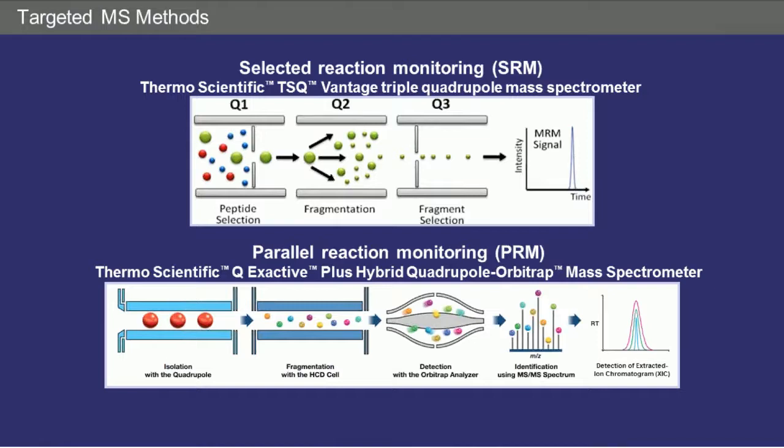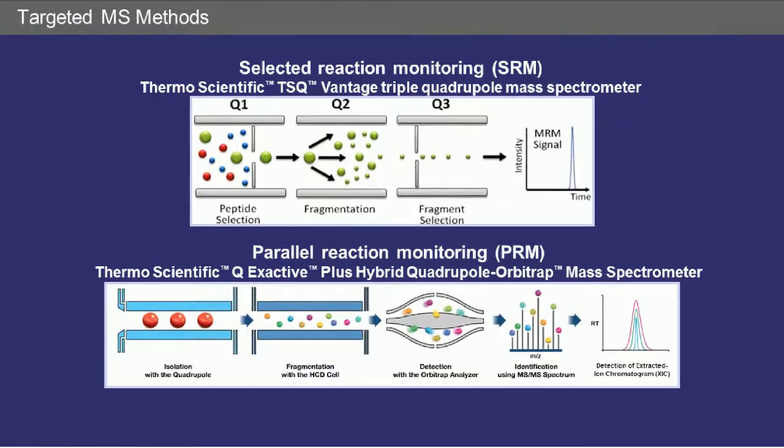We also have a second choice of mass spectrometry analyzer that is very suitable for very complex samples and actually adds more specificity to the analysis. Similar to the triple quadrupole mass spectrometer on the top, the Orbitrap mass spectrometer on the bottom is using a separation step, peptide selection step in the first stage, a second stage where this peptide is fragmented to generate the fingerprint of the peptide, as well as a third stage where the actual peptide fragments are being detected, in this particular case with an Orbitrap mass spectrometer.